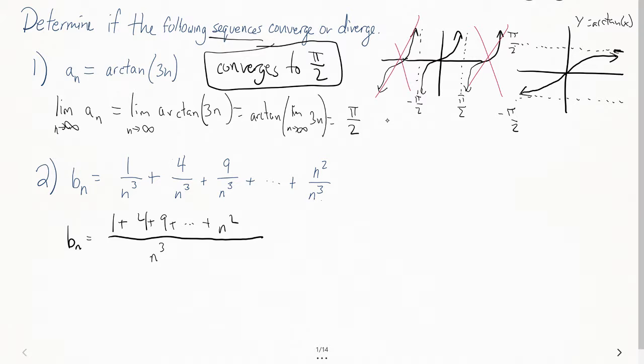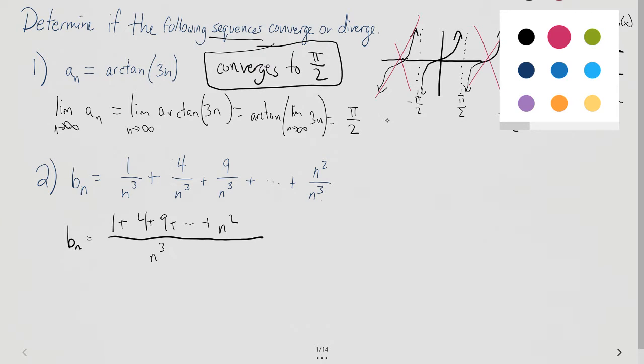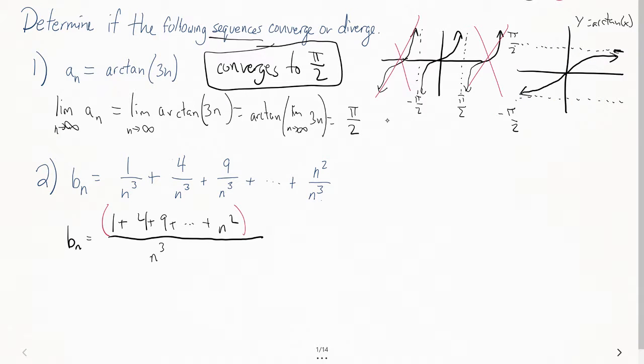Now, looking at this, we know what this sum is up top in the numerator. That sum can be rewritten as just n times n plus 1 times 2n plus 1 all over 6. Okay, so that's the whole numerator there.